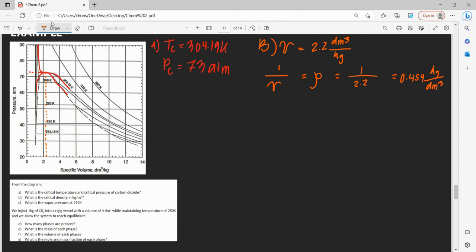Okay, and next we just need to convert our value. So we have 0.454 kilograms per decameter cubed. And to convert this, 1 decameter cubed per 1,000 meters cubed. Oh, sorry, hold on.